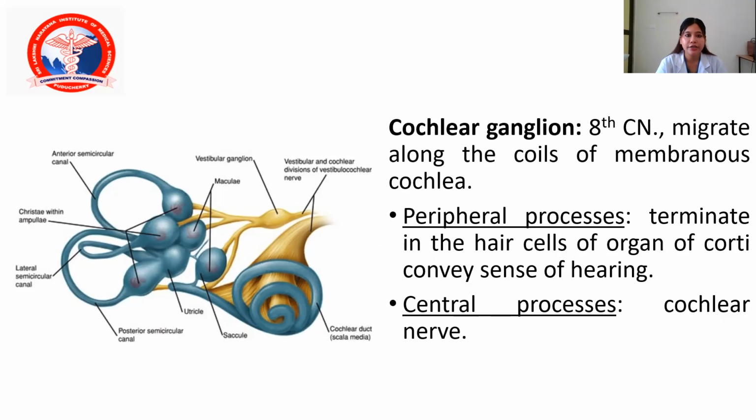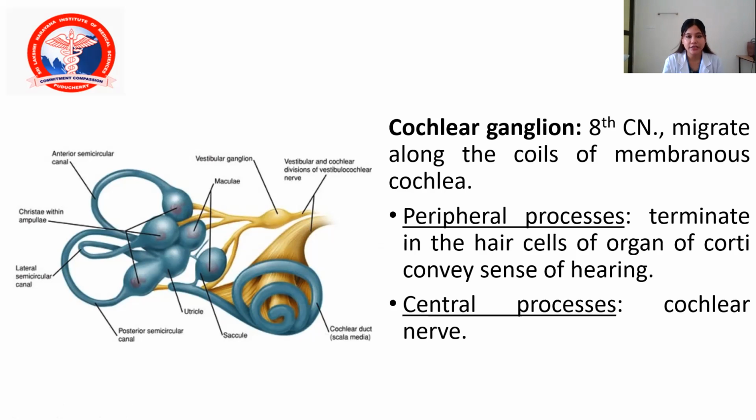Now next is the cochlear ganglion. The cochlear ganglion can also be called the spiral ganglion. Why is it called the spiral ganglion? Here you can see the arrangement of the ganglion. The cells migrate along with the coils of the membranous cochlea, so the arrangement is spiral.